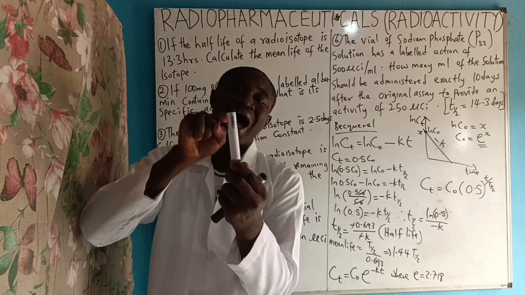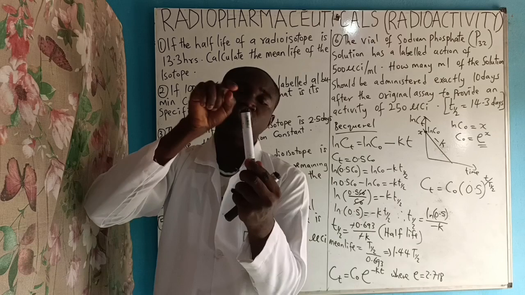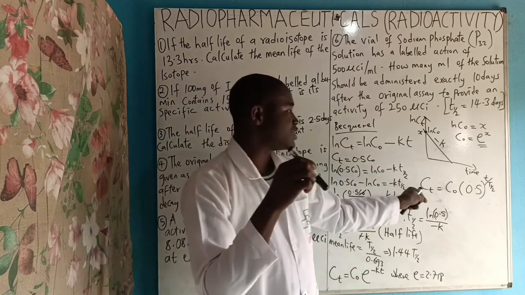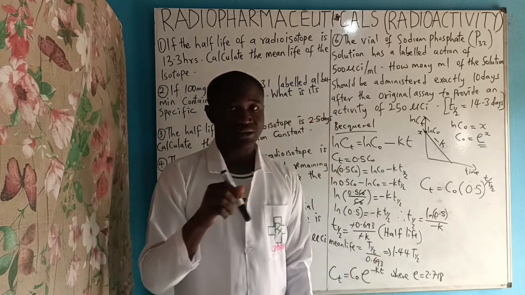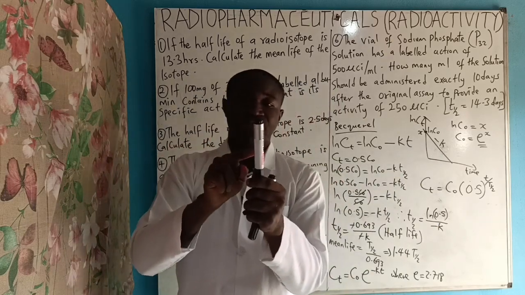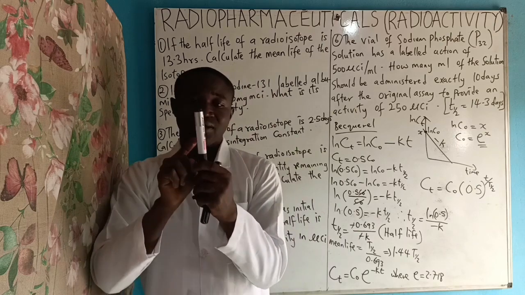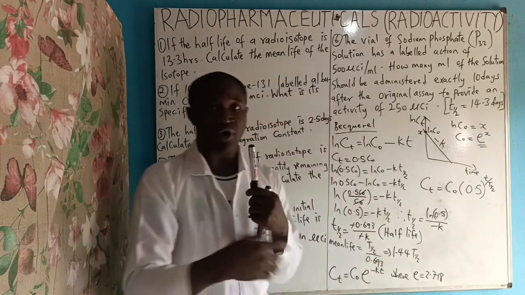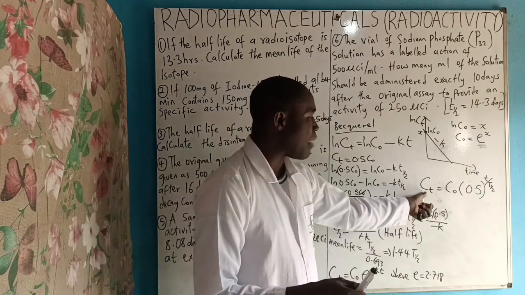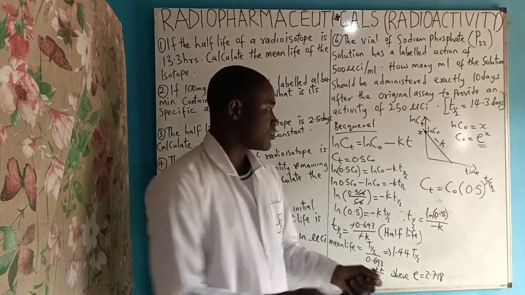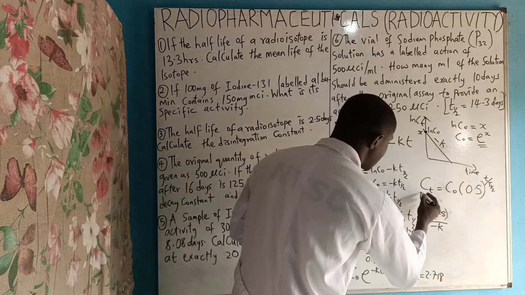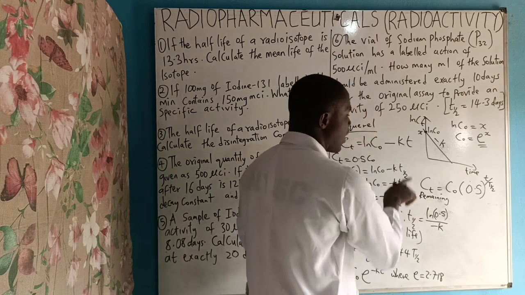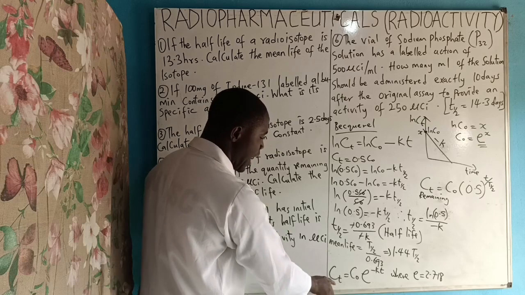So if you want to know the amount that will remain, you use Ct equals this or Ct equals this. Then if it decays to half, and you want to know the amount that decayed and the amount that remains, you still use the same formula. So this formula is telling you the amount remaining, or the concentration remaining.